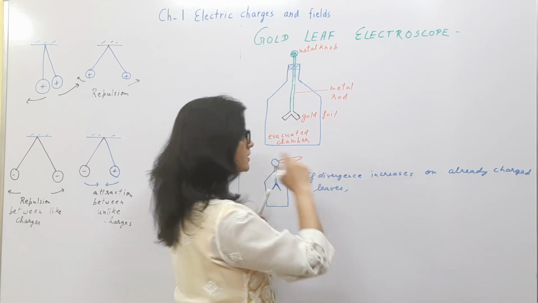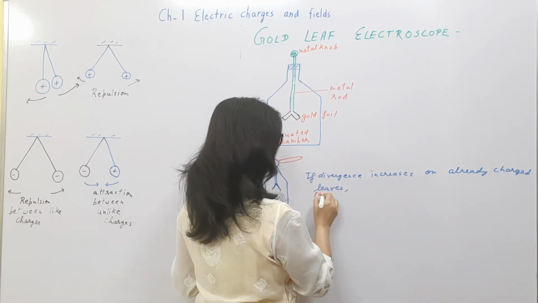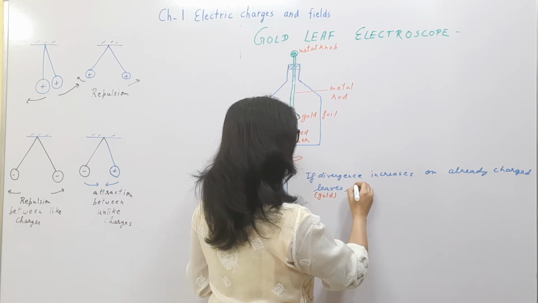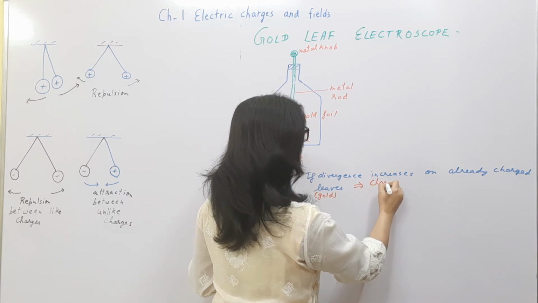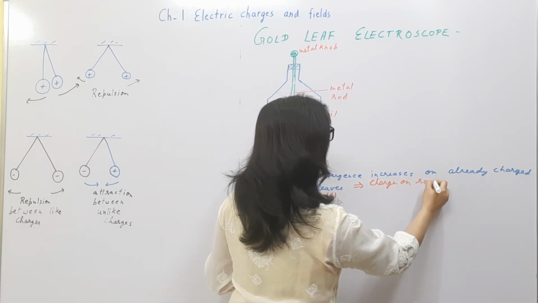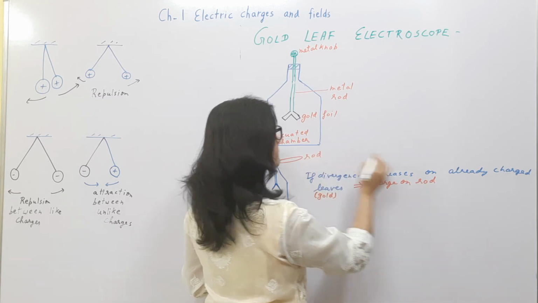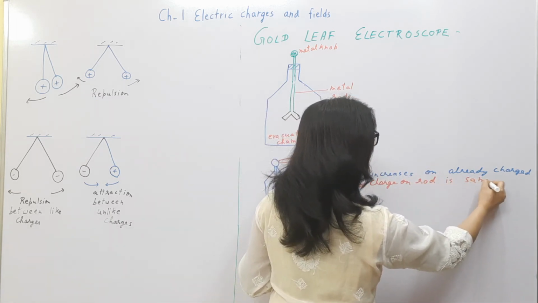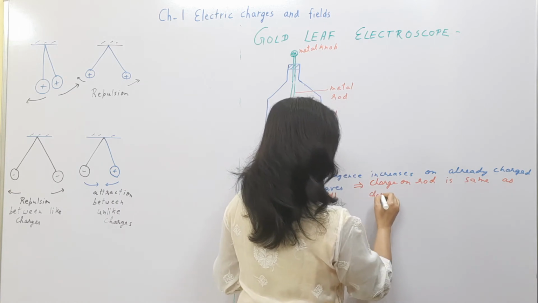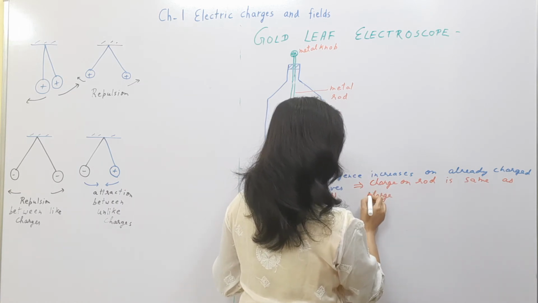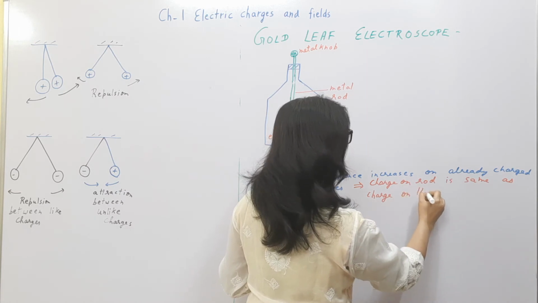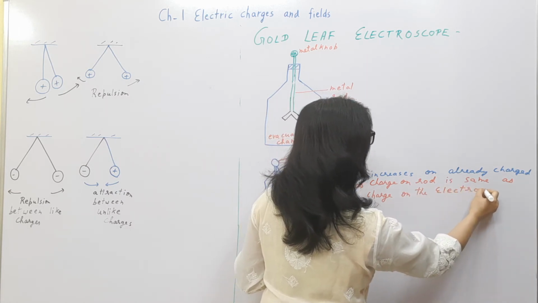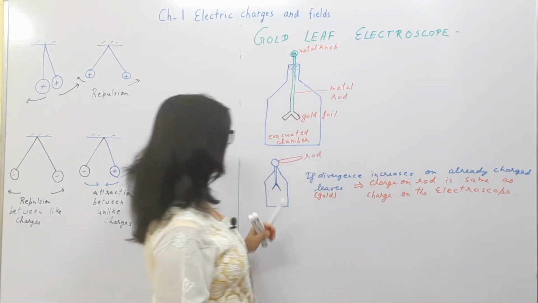So if divergence increases on already charged leaves, which are gold leaves, then this implies that the charge on the rod is the same as the charge on the electroscope. Right?